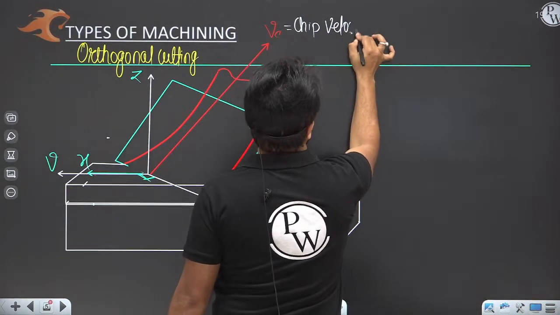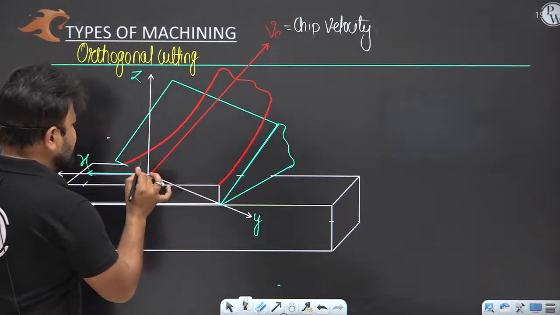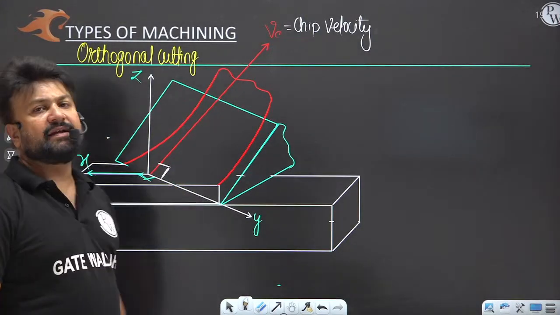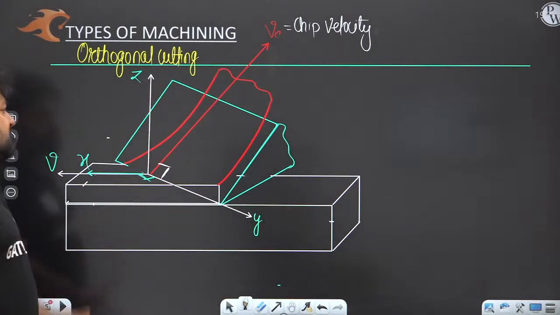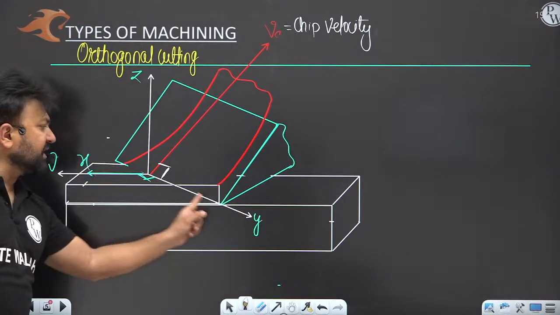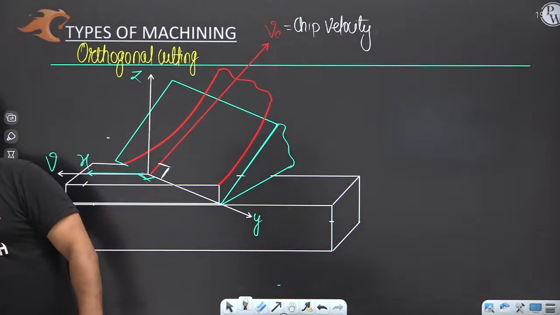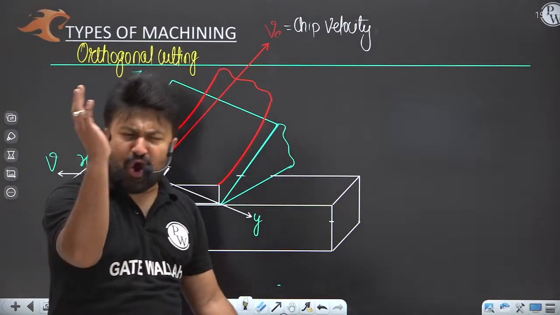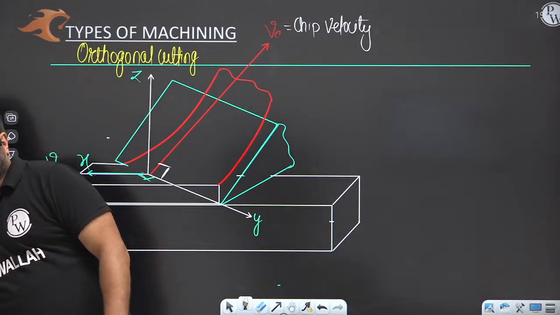Here, that chip velocity is also perpendicular to the cutting edge, which lies along the y-axis. Tell me, do you understand the concept? Yes or no? Let me know, my dear people.